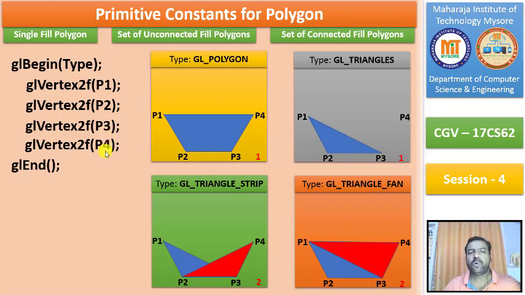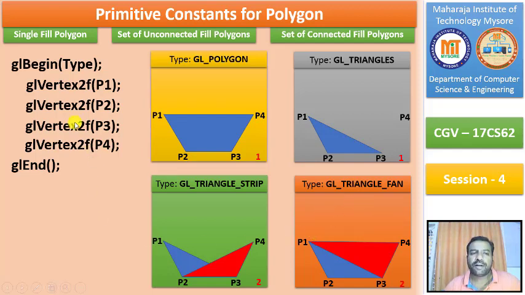Every time it adds one new vertex to the previous 2 vertices of the previous set. The previous set was P1, P2, P3; its last 2 points are P2, P3, and adding P4 gives P2, P3, P4, the triangle between these 3. This is GL_TRIANGLE_STRIP. And now just observe GL_TRIANGLE_FAN.